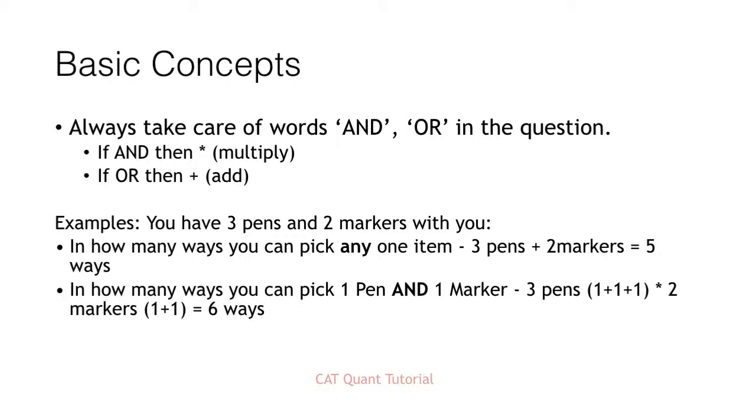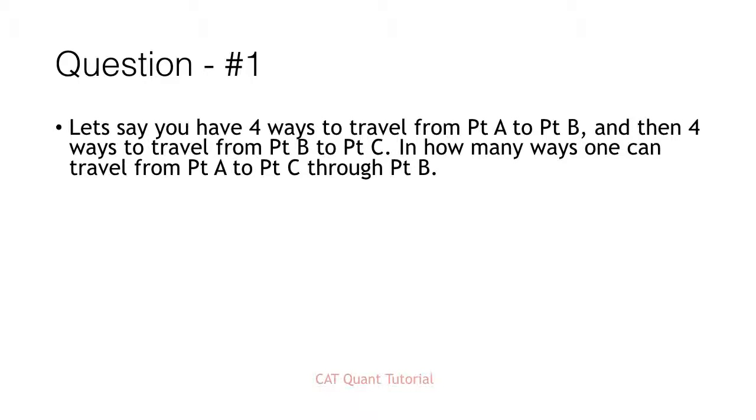Continuing on to another question, which will give you more clarity on this concept. Let's say you have 4 ways to travel from point A to point B. You can think of this as a car travel, a bike travel, a plane travel, or a railway travel.